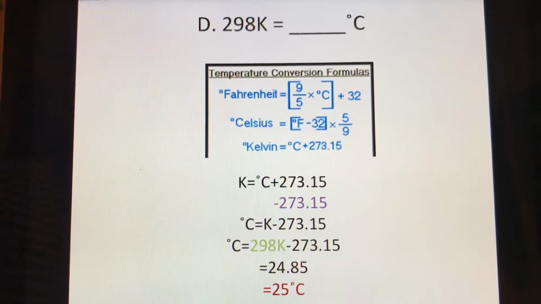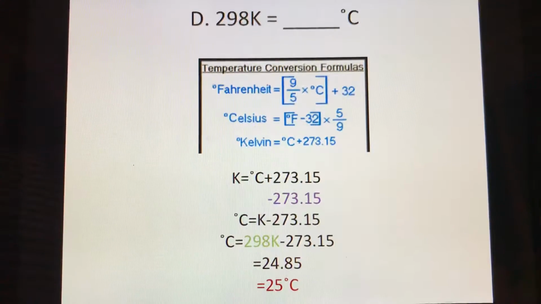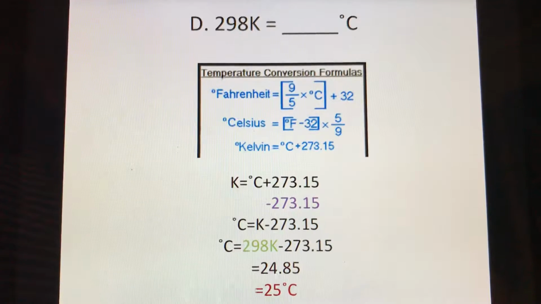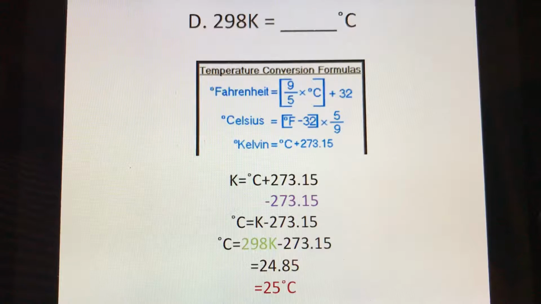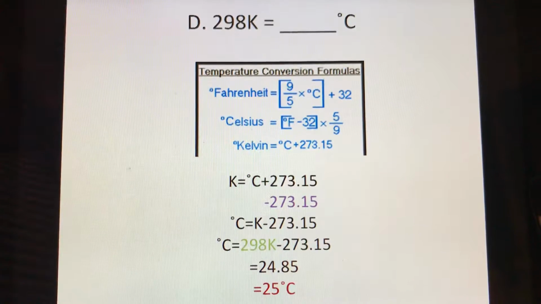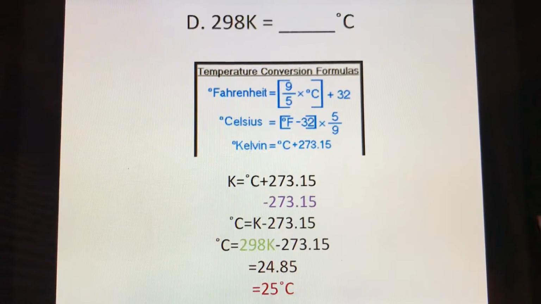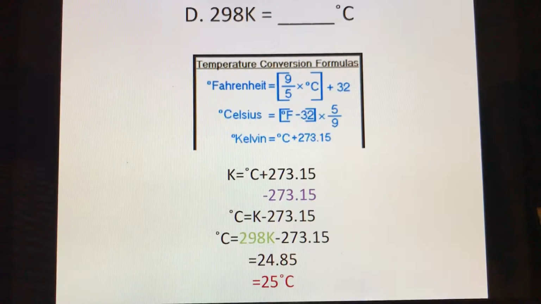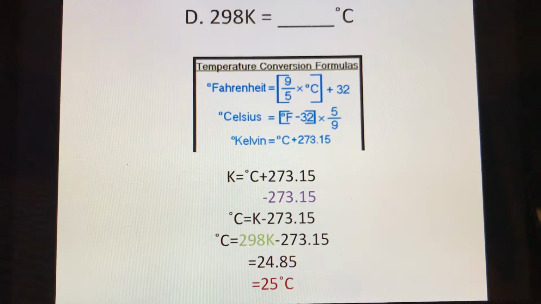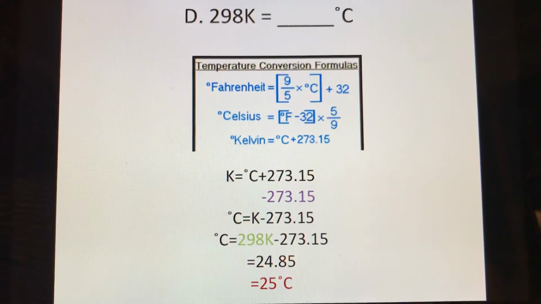For part D, they ask you to change from Kelvin to degrees Celsius, because there's not just one given equation for that. We have to put two equations in. First, we're going to convert the kelvins to Celsius, and then we're just going to reverse it a little bit. We're going to alter the equation that we have for Kelvin. So Kelvin equals degrees Celsius plus 273.